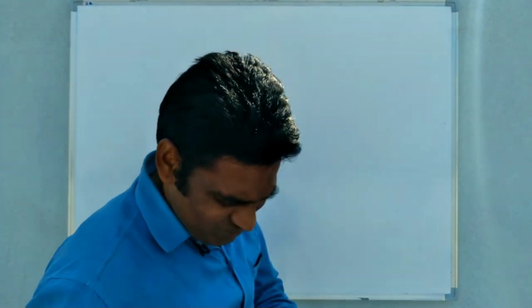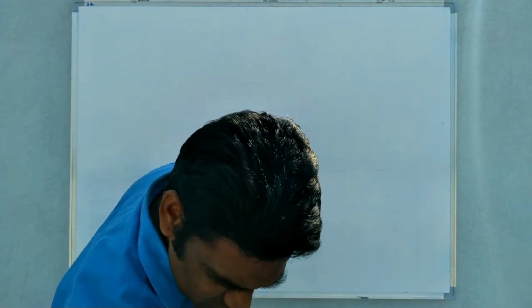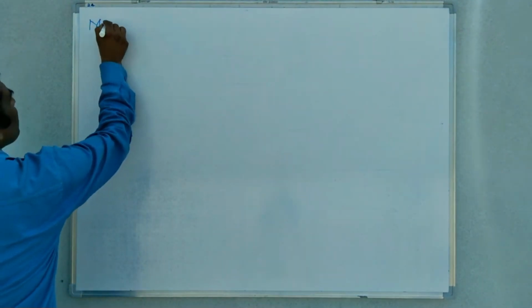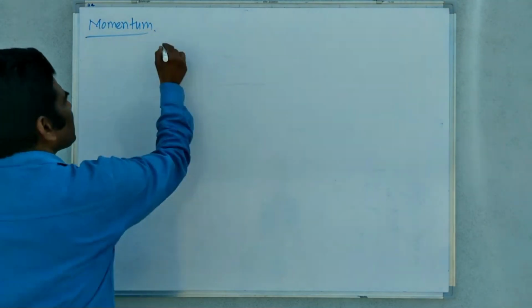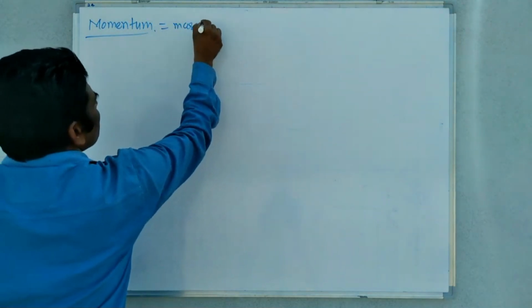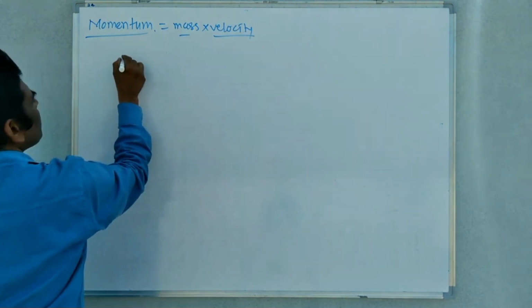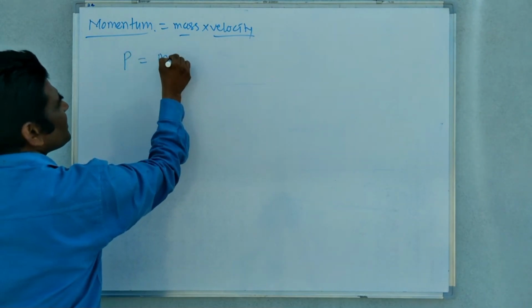So, momentum. What is momentum? Mass into velocity. Yes, mass into velocity. Momentum is normally written as P, equal to mass into velocity.